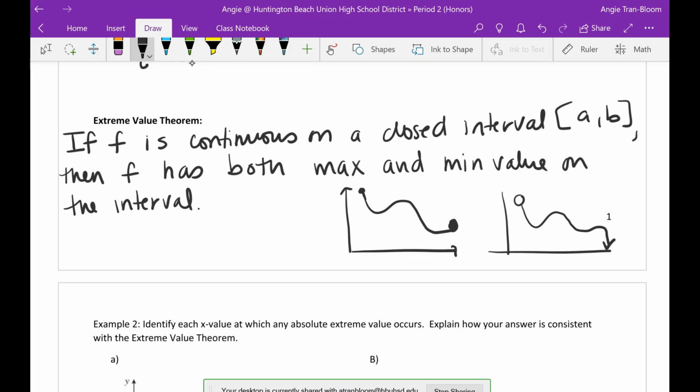No. And I can even make one of the sides closed, it doesn't have to be both. So that's the definition. The extreme value theorem says if you have a closed interval, you are guaranteed to have both. But if you have an open one, it doesn't necessarily mean you're going to have both. You may or you may not.